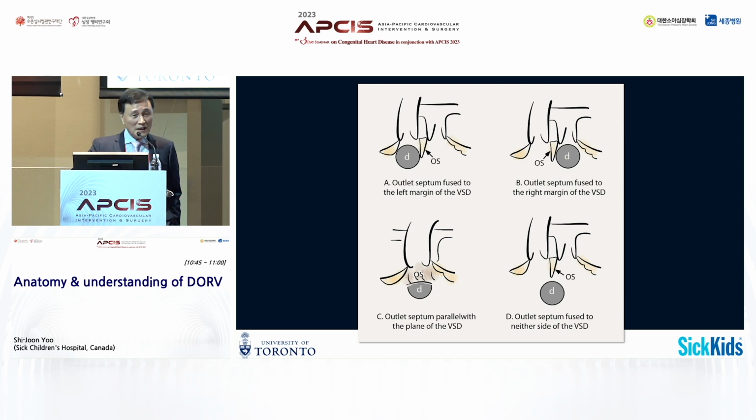Another variation not very well described in the pathology literature, but which I frequently see, is that outlet septum can be just forward, away from the rest of the ventricular septum. They are parallel. Okay? And then VSD is below the posterior semilunar valve. So that is outlet septum parallel with the plane of VSD.